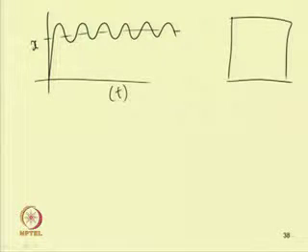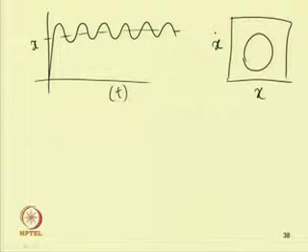Similarly, one can plot this x dot versus t, and one can obtain the phase portrait like this. So in case of the periodic response, one can obtain the phase portrait as a closed loop. So this is x dot versus x. So one can obtain a closed loop in this case.